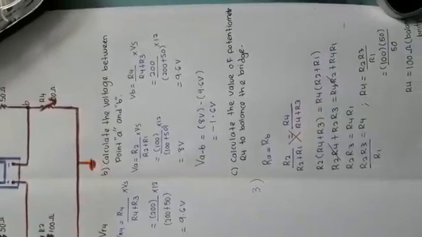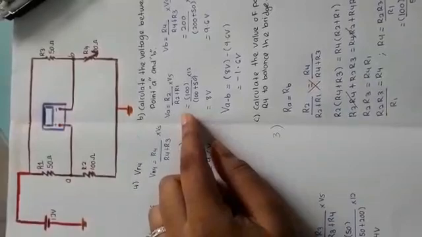So next question, calculate the voltage between A and B. I take R2 as VA and R4 as VB. It's up to you: you can show the way, or just take the value of VR2 and VR4 and subtract directly.